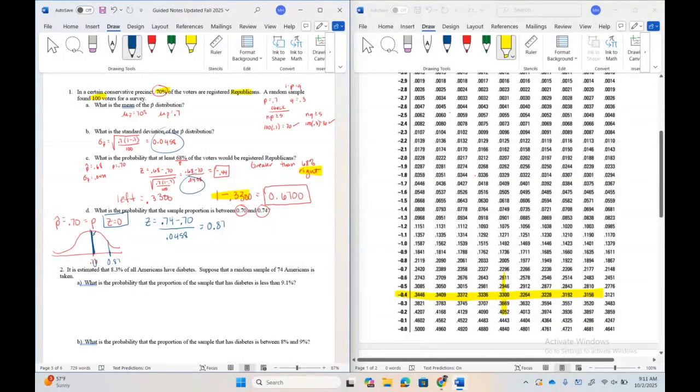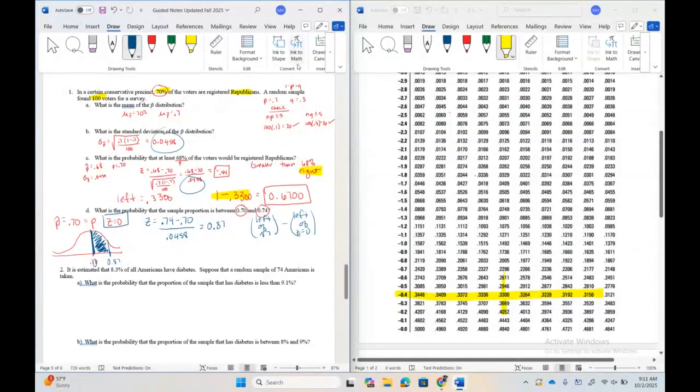And we want to figure out the probability that we're between these two values. So I'm going to find the area to the left of 0.87, and I'm going to subtract the area to the left of 0.